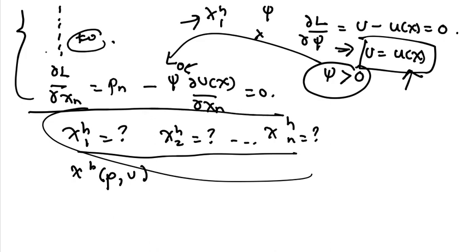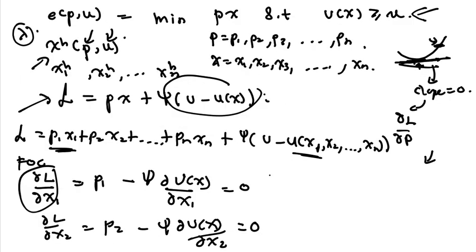So we have many of them, but they are of the same pattern. Do you see this? Yeah. Every single one of them, if you look here, can be rewritten as P1 equals C delta Ux over delta X1.